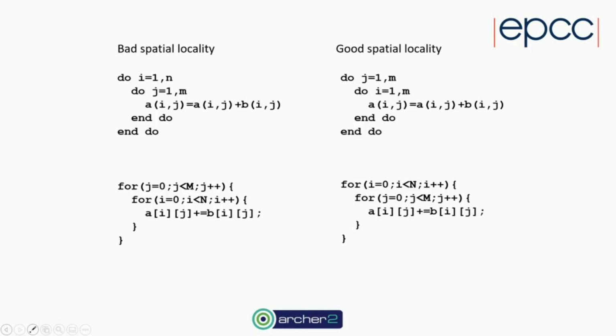Now, of course, in Fortran, it's the other way around, right? A111 is next to A211, but A111 is, this is where I miss a whiteboard, 100 elements away from A121.